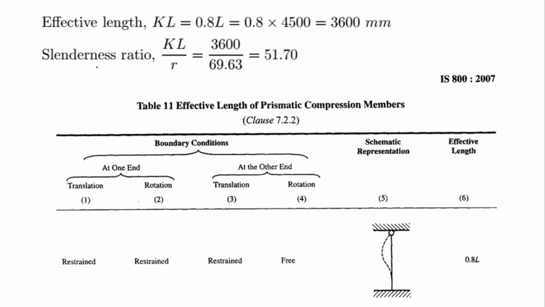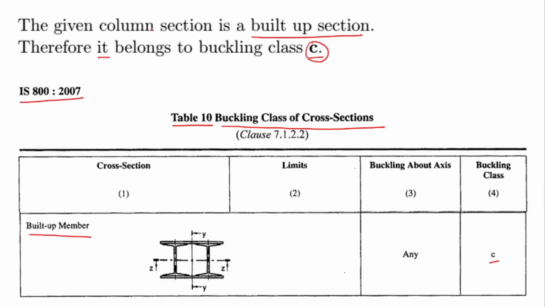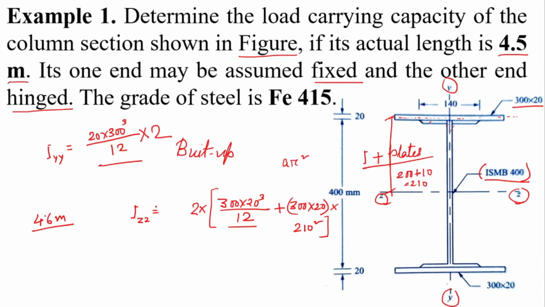Next, come to effective length. If you see the question, the two end conditions are given. For one end, the column is fixed, and the other end, the column is hinged.